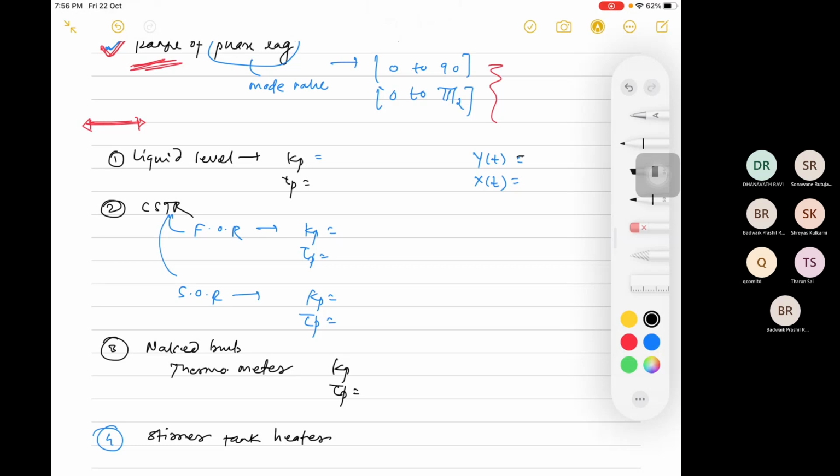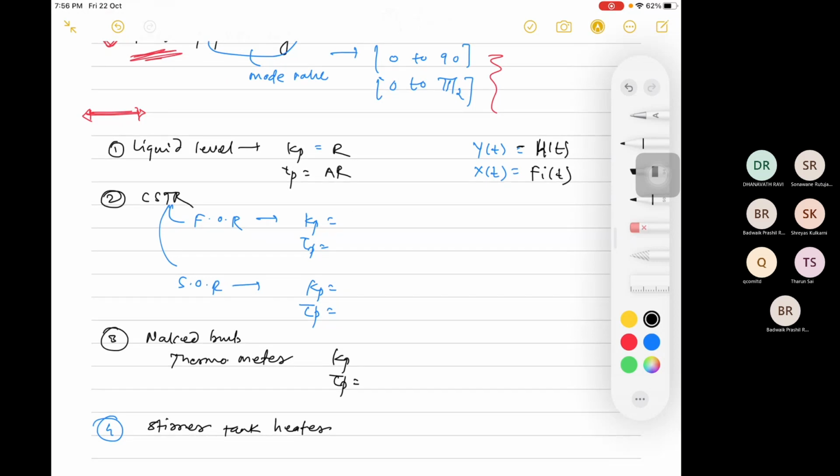In liquid level, you know the output is H of T. You can take capital H or small h, but that will be at your own risk or your notation. X of T will be F input of T, and your Kp was, what was that? Kp is R, and 1 over R. In the CSTR we got nu divided by nu plus kV, and here V divided by nu plus kV.